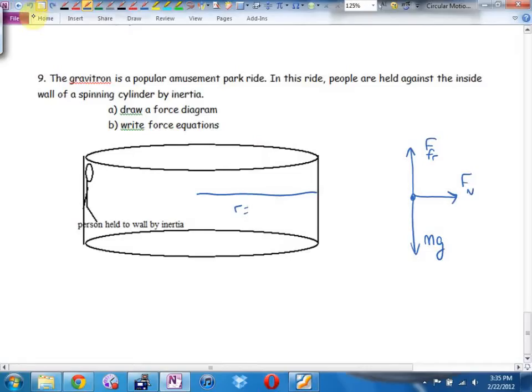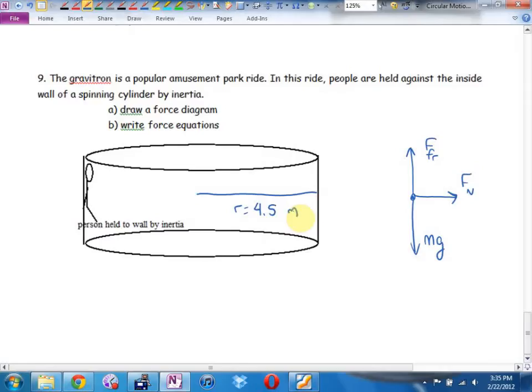So distance from you to the center of the ride when you're sitting on it. Can you remember? Probably between 4 and 6 meters.